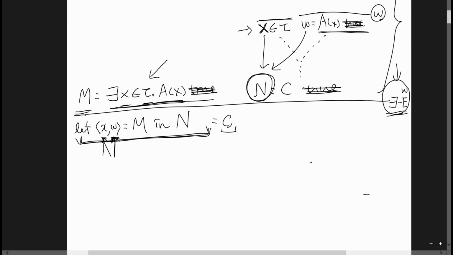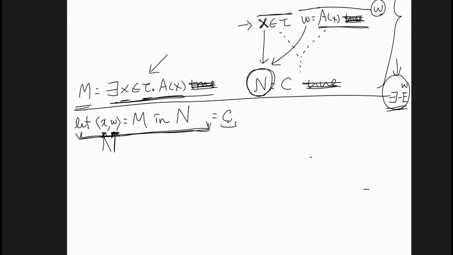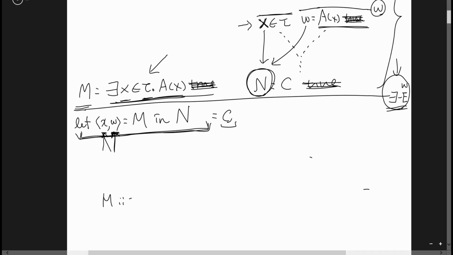So there's nothing new, actually. We just rediscovered the proof terms that we developed in the previous discussion. So now proof term M has this pair for existential introduction and this let binding X W M in N. Okay.